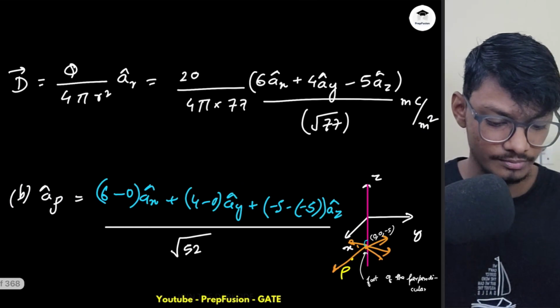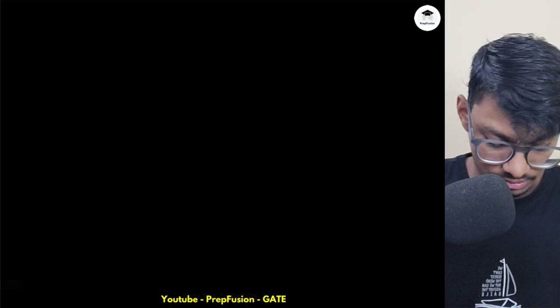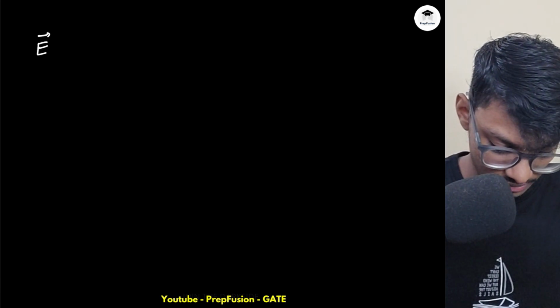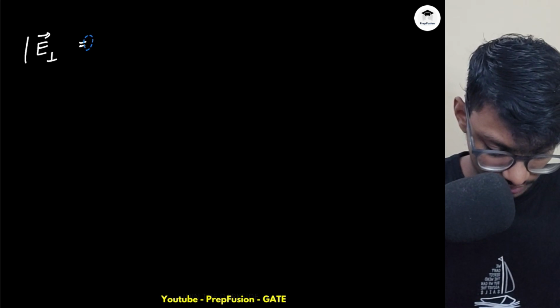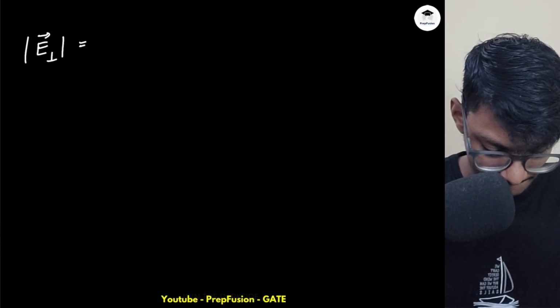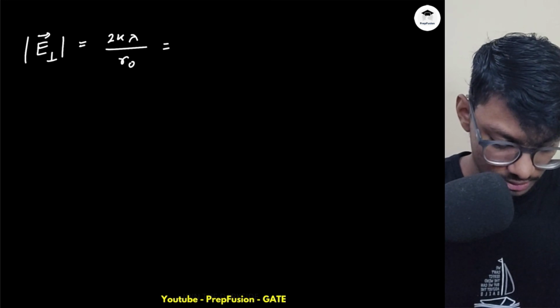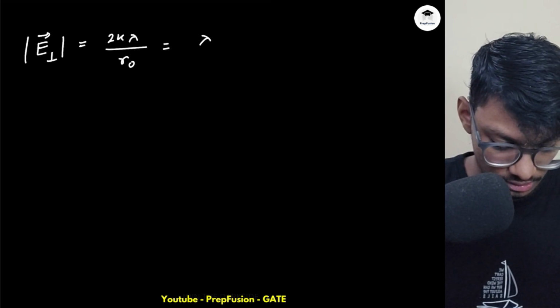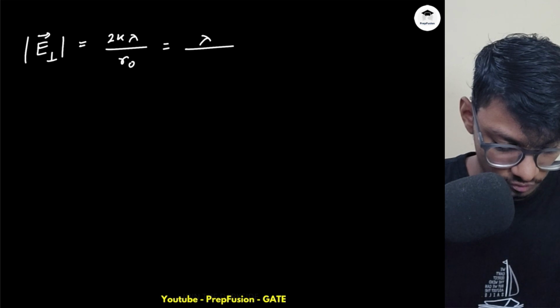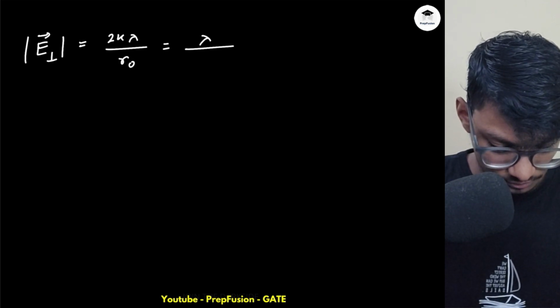What was the magnitude? If you remember, due to a line charge the electric field intensity E perpendicular was, magnitude I am talking about, direction I have already found out, 2k lambda by r naught, right? So if I want to reduce this in epsilon format, this will be 1 by 4 pi epsilon, so 2 pi epsilon r naught.